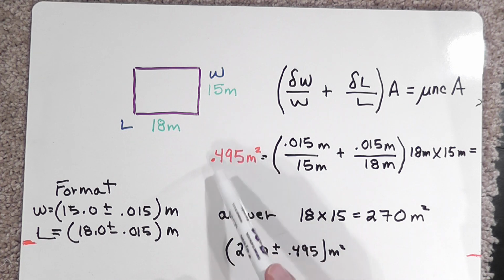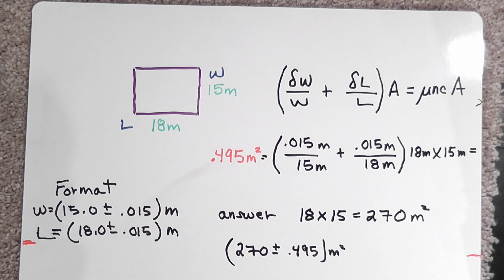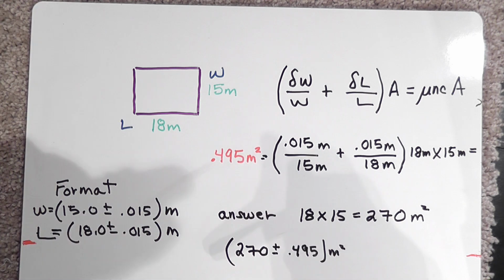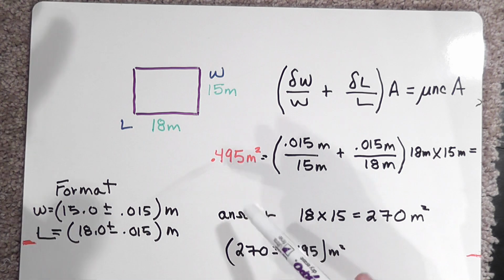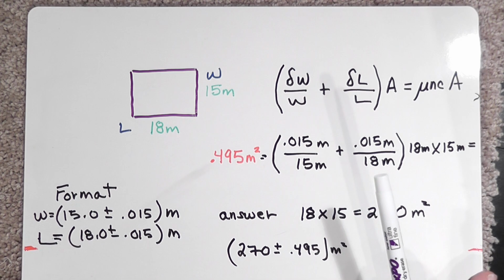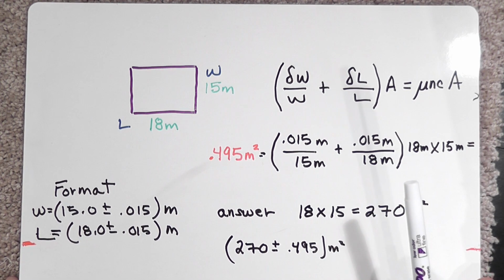This is roughly a half a square meter. That would be the uncertainty of using that tape measure that has those small increments, and this would be the amount that you would be off. We did one or two of these, so go back in your notes and take a look at that.